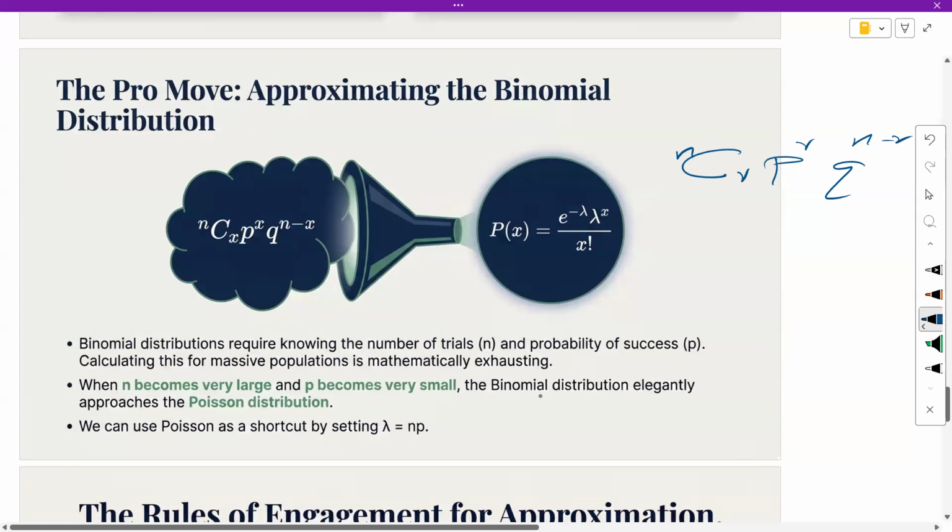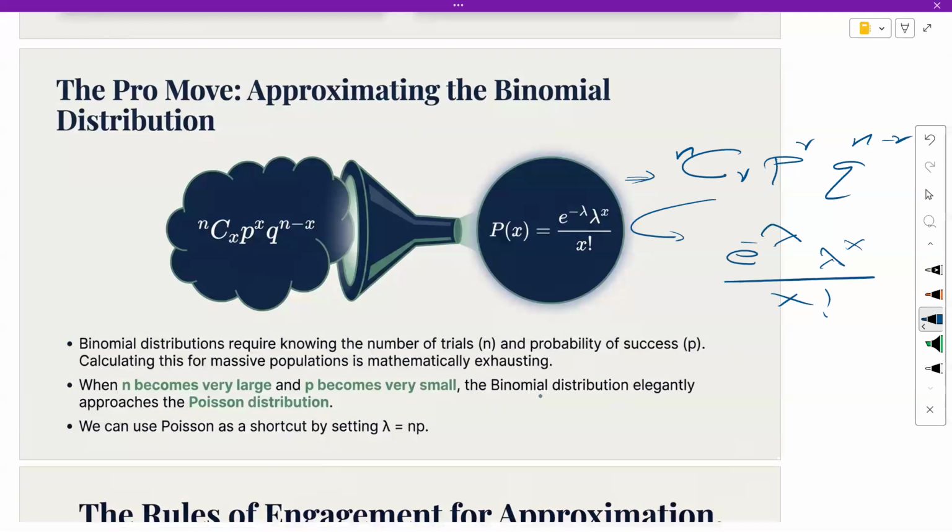So this is the binomial distribution. But we can sometimes apply Poisson. There are two conditions. If these two conditions are satisfied, we can apply Poisson distribution for binomial distribution, and we will get an almost similar answer.